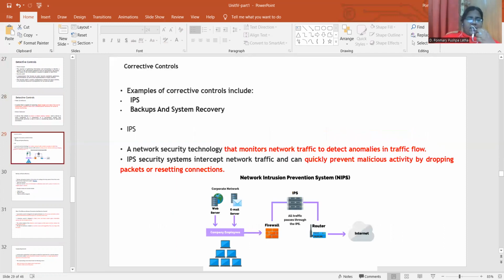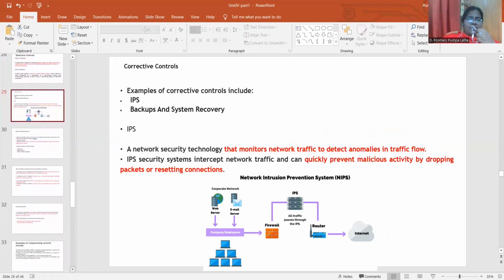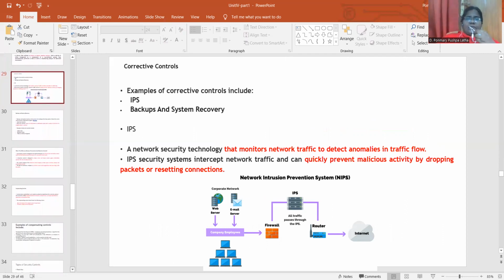Till now we have seen the detective controls. Now we are going to see the corrective controls. In corrective controls, we have IPS, backups, and system recovery. IPS monitors the network traffic to detect anomalies in the traffic flows, and it prevents malicious activity by dropping the packets or resetting the connection.